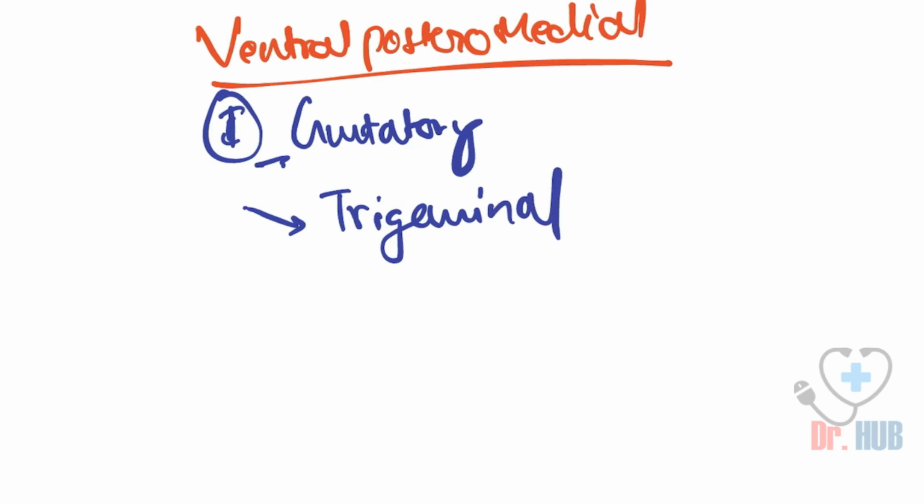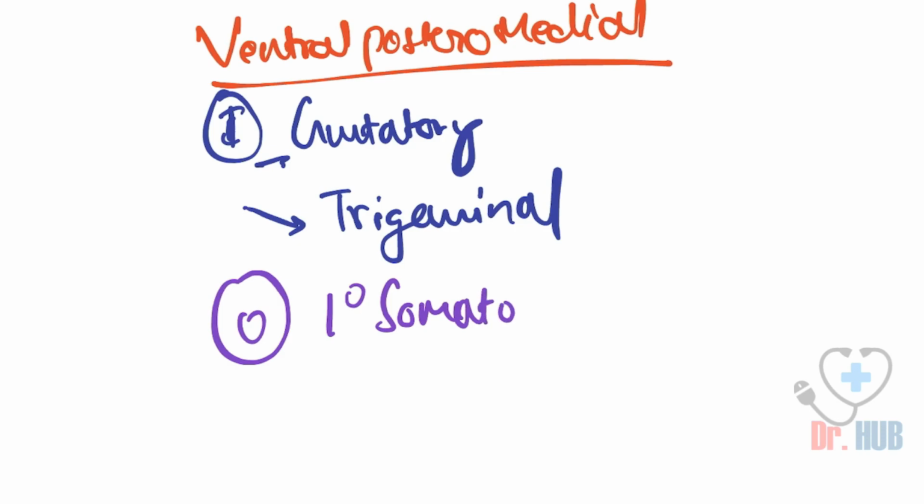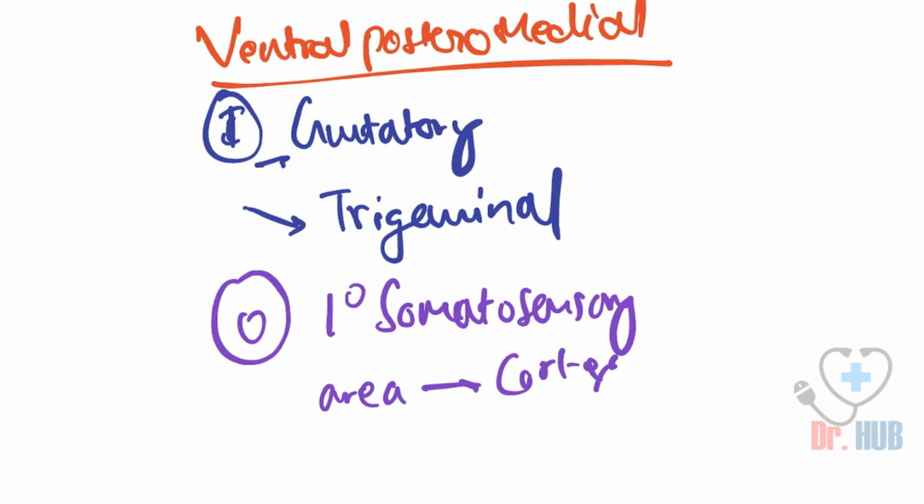What is the output of the ventroposteromedial? The output is the primary somatosensory area of the cortex. Even in the previous case we saw the primary sensory area of the cortex, and this is for the ventroposterolateral as well.